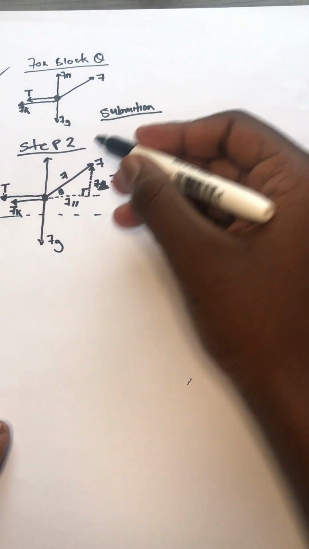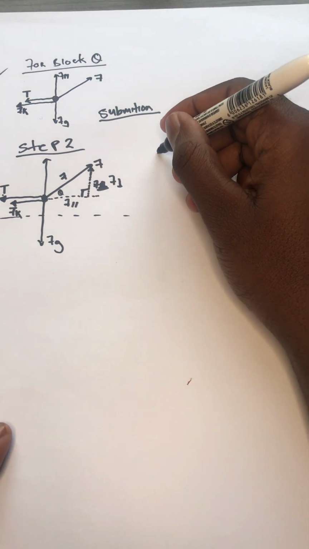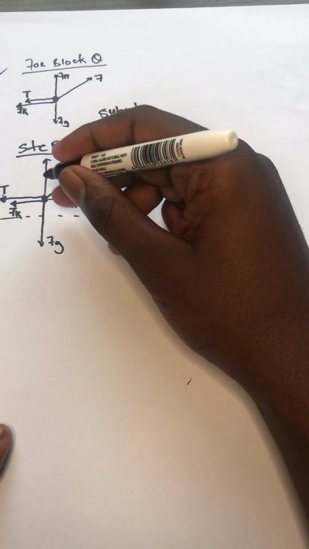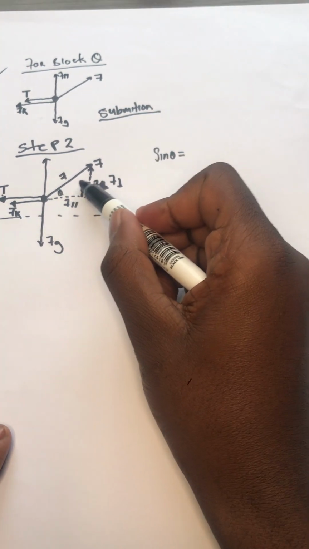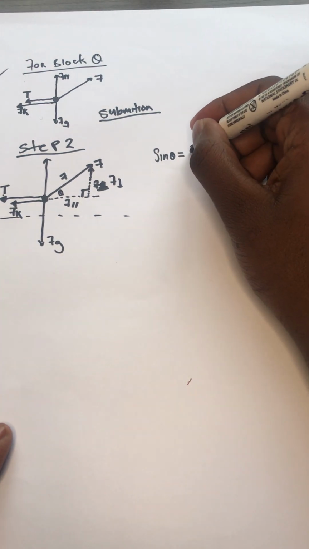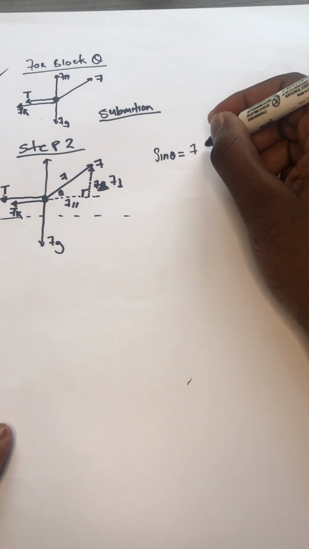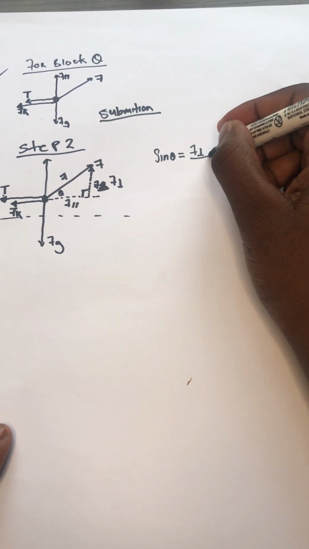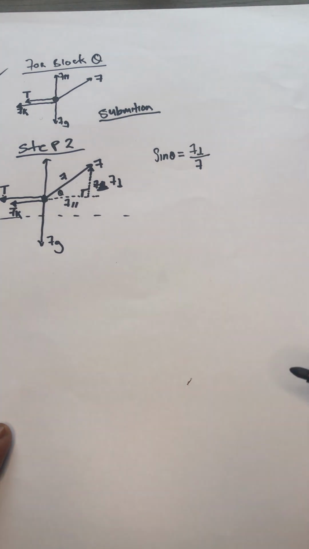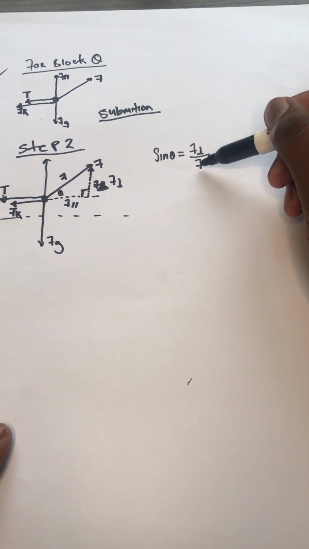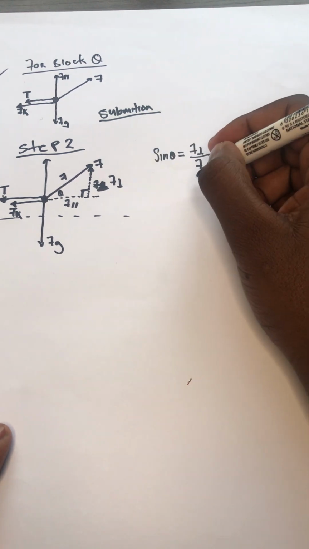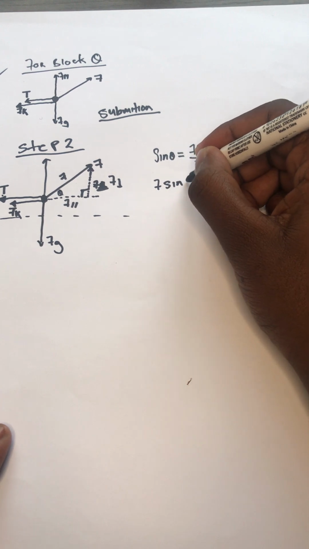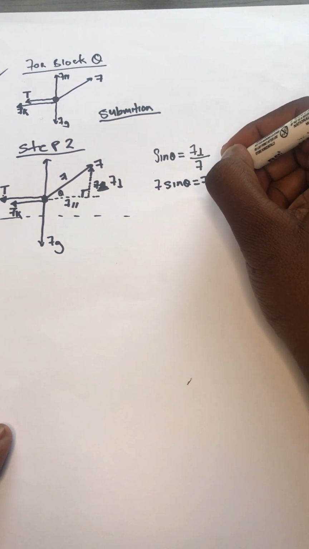Remember sin theta: opposite over hypotenuse. What is opposite to theta? It is F perpendicular, over the hypotenuse, which is force F. Multiplying both sides by F, F sin theta is equal to F perpendicular.